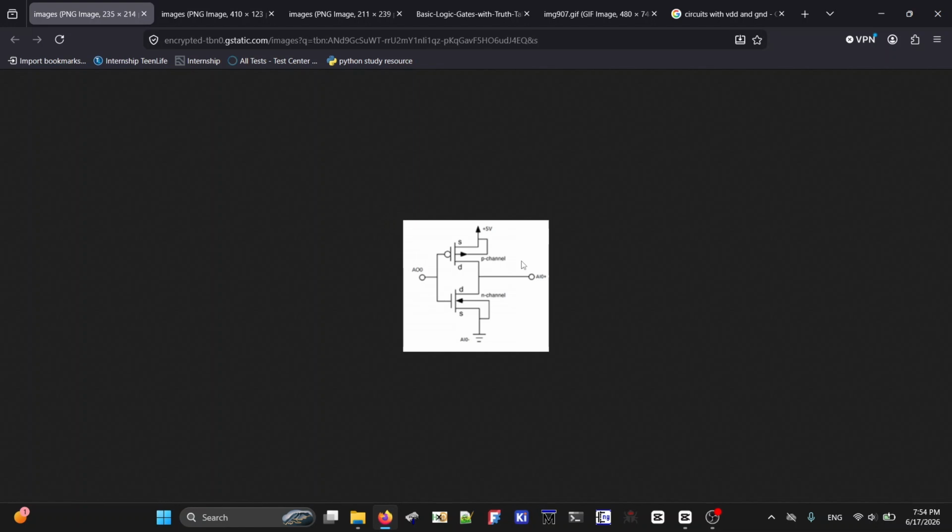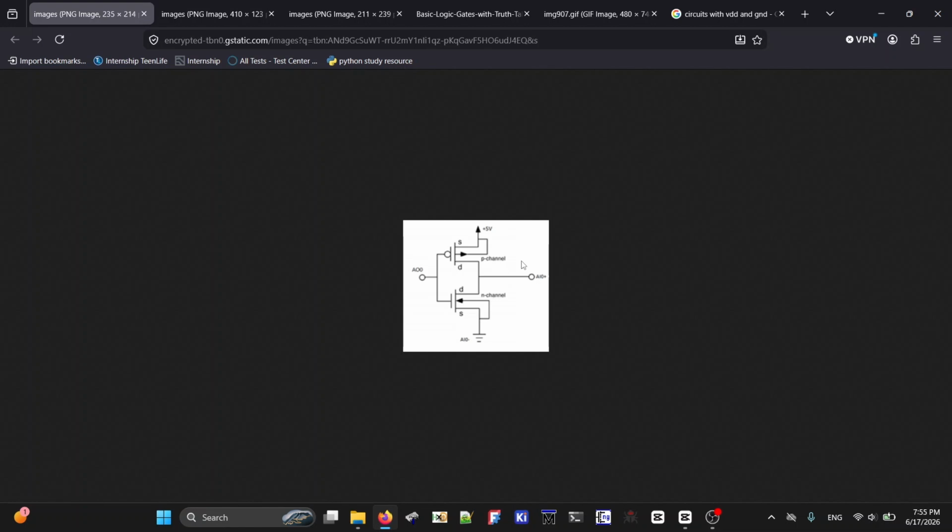Now, remember that there's two different types of transistors that we'll be talking about, the NMOS and the PMOS, and they work in exact opposites, which is sort of expected. The NMOS turns on whenever you give it a 1. So if the input is a 1, then the NMOS will turn on. PMOS, exact opposite. If the input is a 0, then the PMOS turns on.